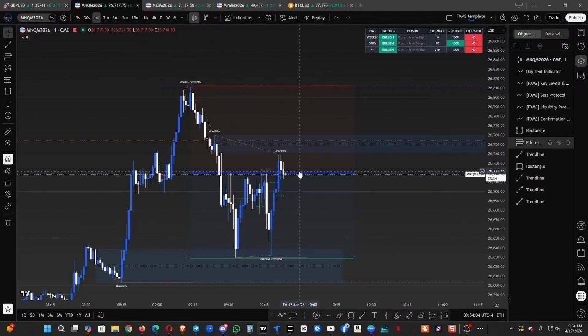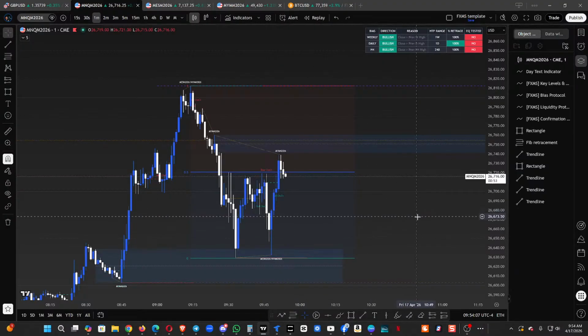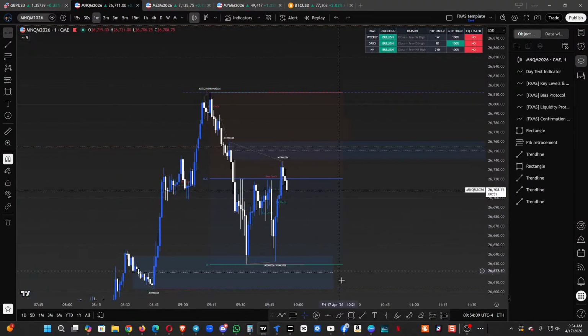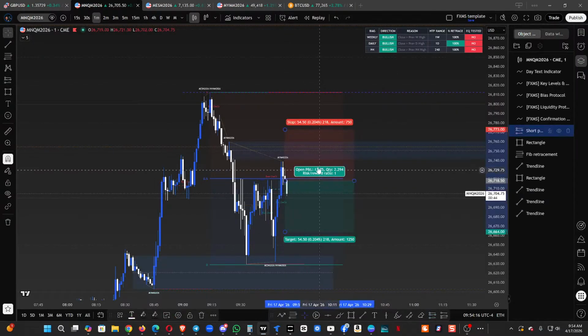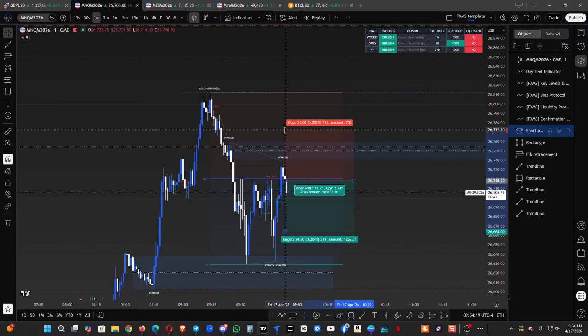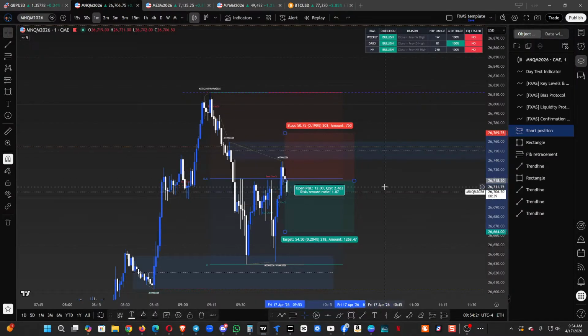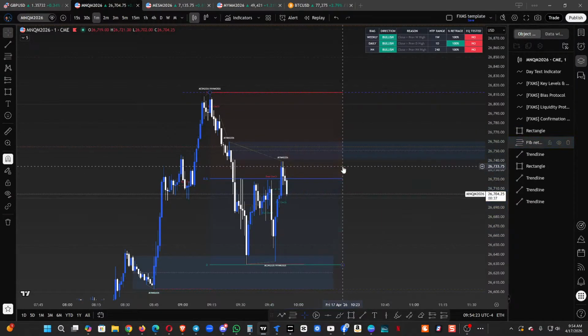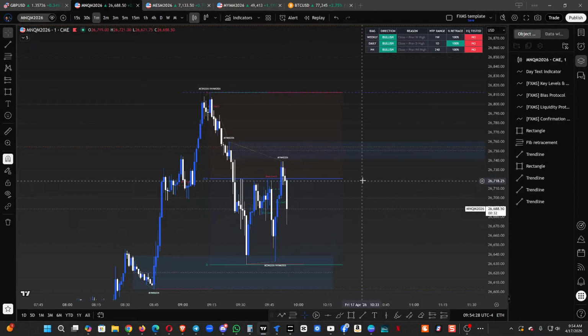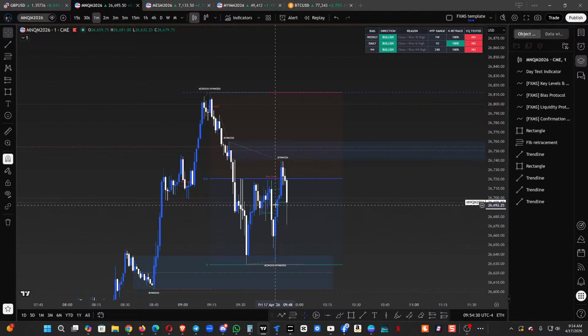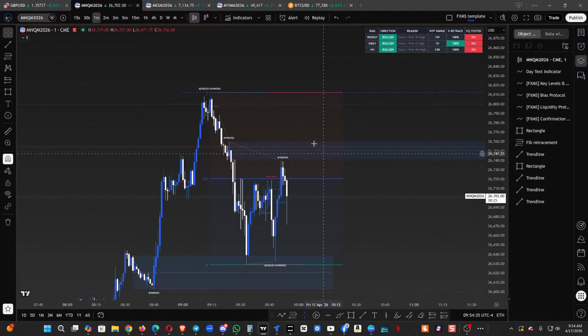Okay, now we got divergence there, and we got the closure below. Right, I'm not taking this trade here, but we'll just see. I'm going to see if this plays out, because I would have taken this. Whoops. Yeah, but there's a big move here that came back up. This could also be manipulation right now. I'm still in the middle of the range. That's why I'm just kind of hesitant in taking this.